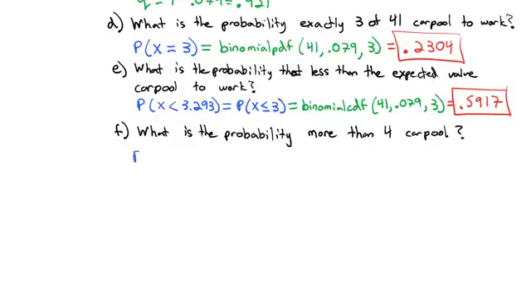So now I'm asking for the probability that x is greater than 4. The problem is the CDF counts down. So this would be a lot of work to do to find them individually: the probability of 5 plus the probability of 6 plus the probability of 7 all the way up to the probability of 41. That is a lot of work.